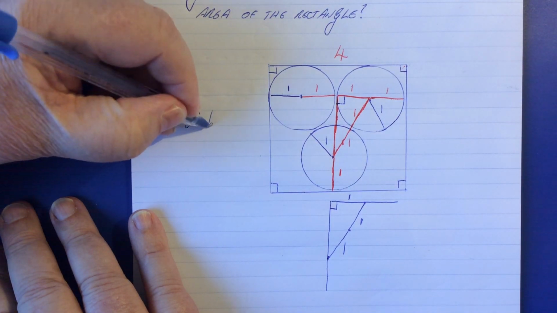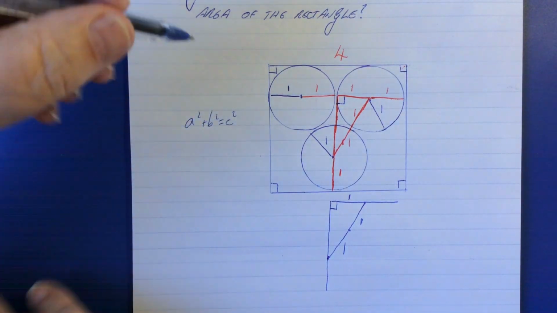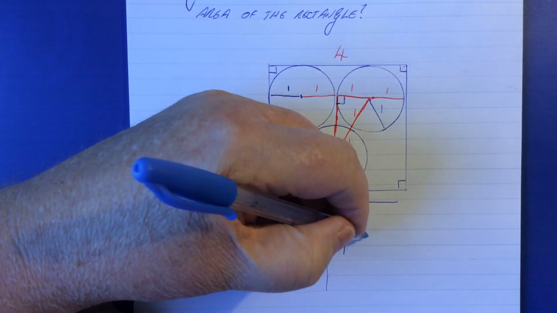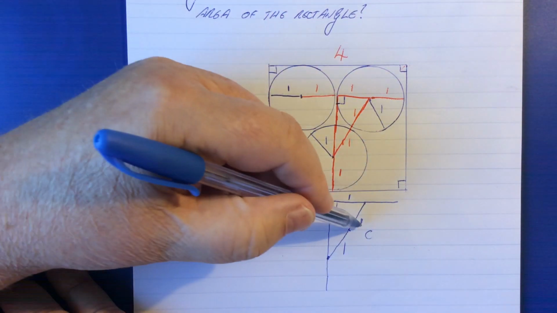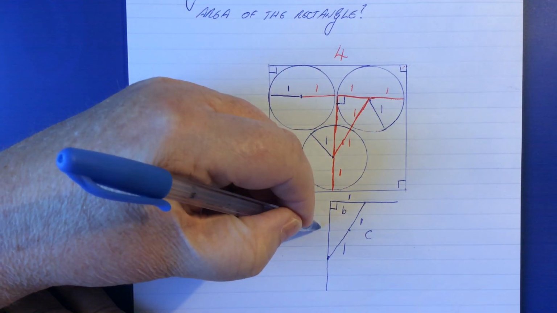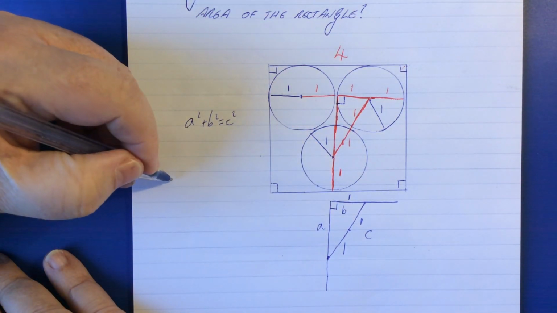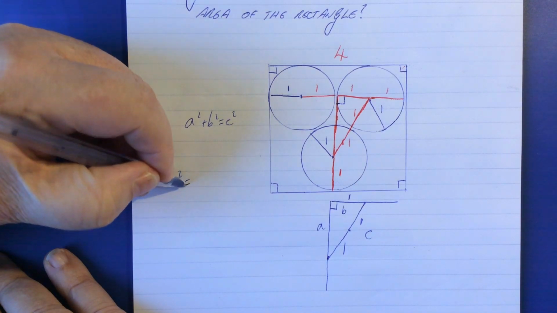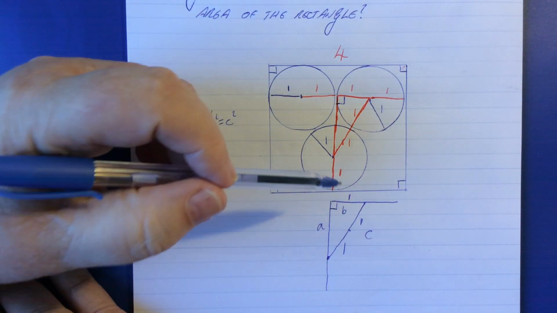a squared plus b squared equals c squared. Now this is c squared here, or c rather, here. We'll call this b, and we'll call this a. So a squared is equal to what?